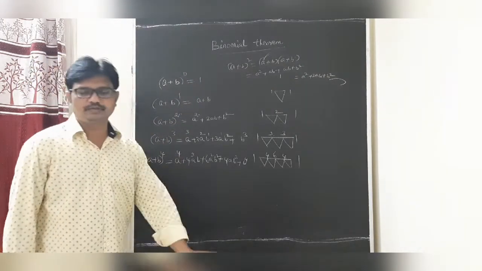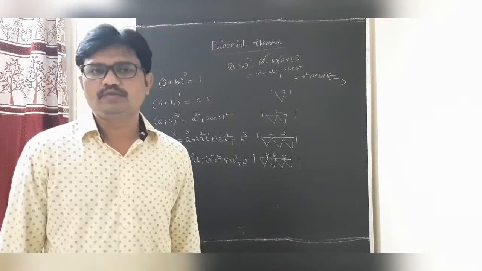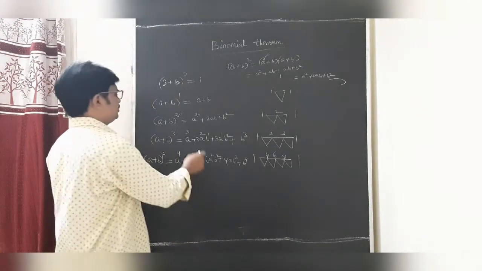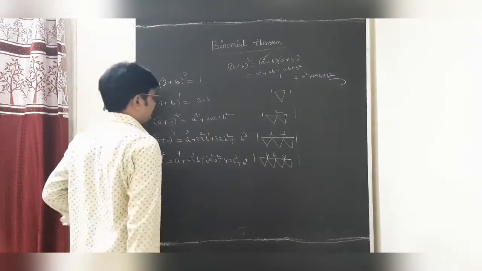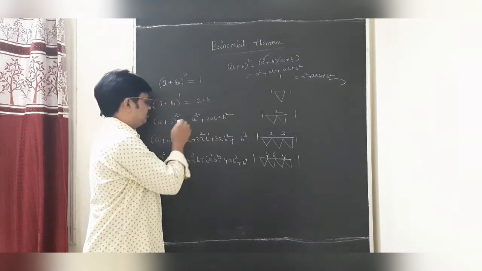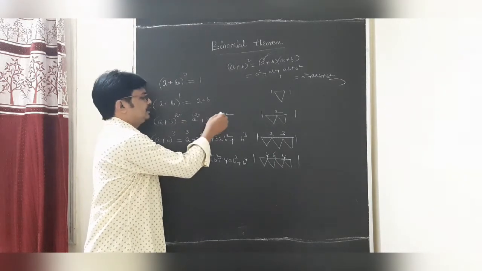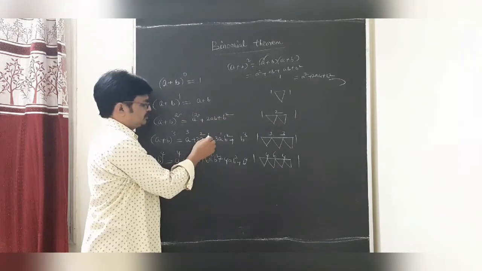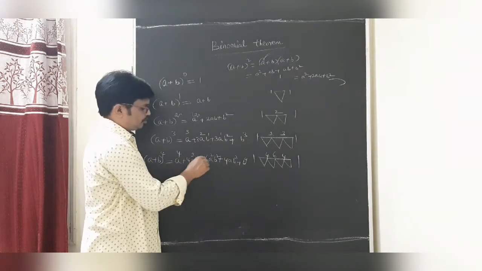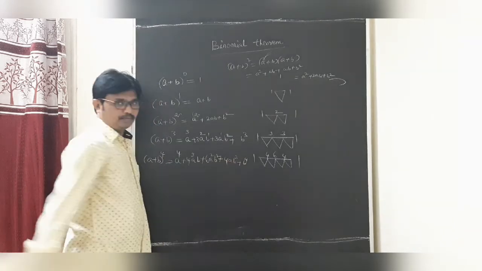Our observation is this: in the binomial, in the first term the indices are decreasing by 1, and in the second term the indices are increasing by 1, here also b power 0, b power 1, b square, b cube, b power 4.